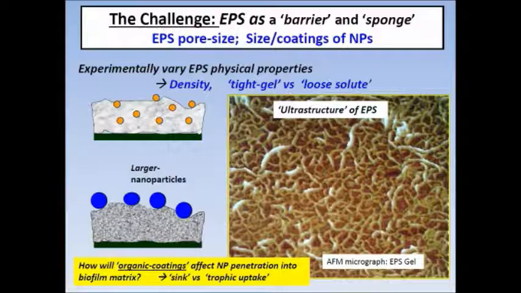It's been called the black box of biofilms, or the dark matter of biofilms, because it's not very well understood relative to cells. And so we're trying to see if we could manipulate nanoparticles to penetrate the biofilm, as shown on the top left, versus getting stuck at the top.